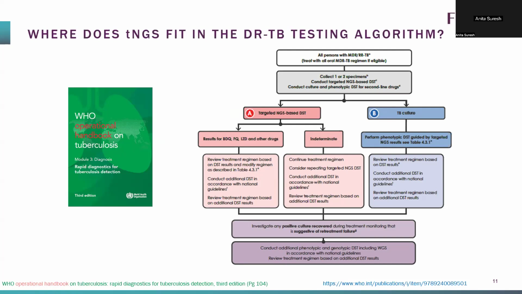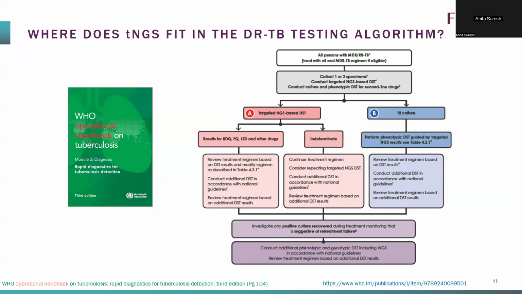We can't really prescribe where you should fit it, but there might be cases where in some settings it might make more sense that all samples that are RIF resistant are reflexed to TNGS. In some settings, with a lower DR burden, all TB positive samples are reflexed to TNGS. Now, this is not the more common one. This is definitely being done in low DR TB burden settings.